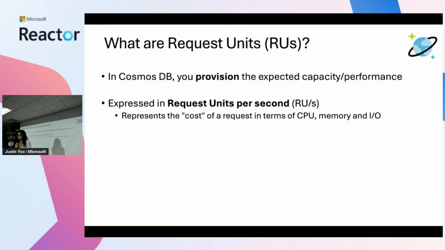A request unit is nothing but an abstraction of the resources that are required to execute a request, like memory, IOPS, CPU, etc. So it is just a currency that we use so that you can think in terms of just one thing instead of thinking about multiple things. That makes it easier for you to provision the capacity.